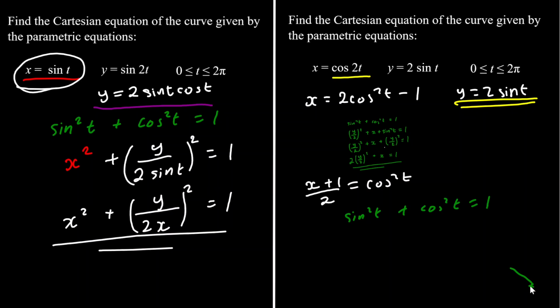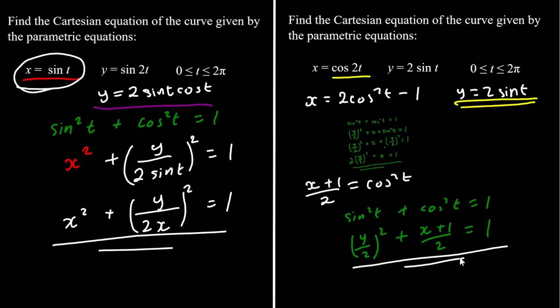Sine t is y over 2, so y over 2 squared plus cos squared t, which is x plus 1 over 2 equals 1. We would have got a different version of the same answer. So if we'd multiplied by 2 and then taken away 1 from both sides, we would get the same answer. So you might get a slightly different version of the same answer if you use a different identity.